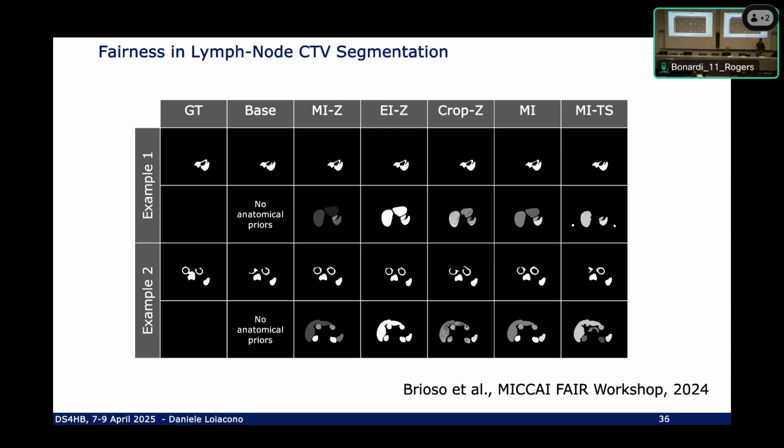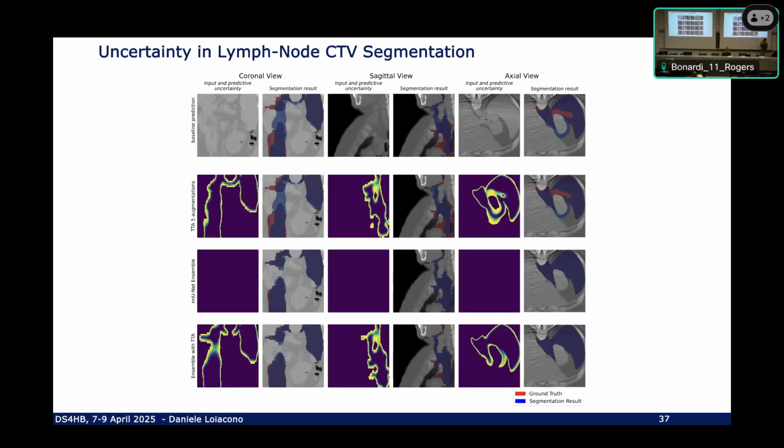As a side note, adding anatomical information as an additional input allows generating segmentations that are more accurate in some specific regions. And finally, and this will be basically the last thing, we are starting to work on the uncertainty estimation of the segmentation model we developed. This is a very ongoing project, so this is just a very preliminary result.